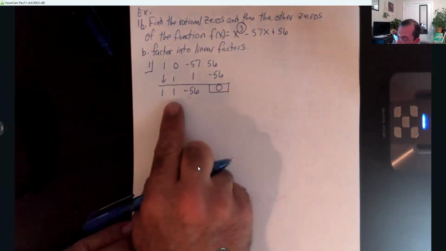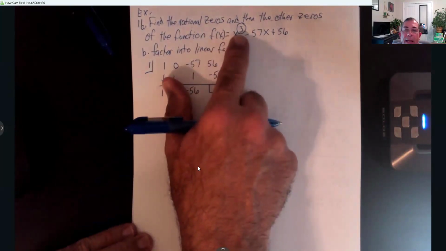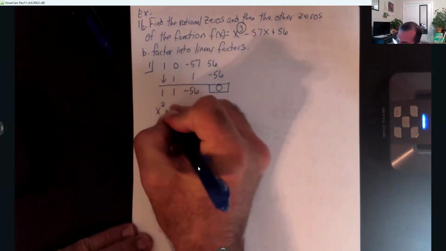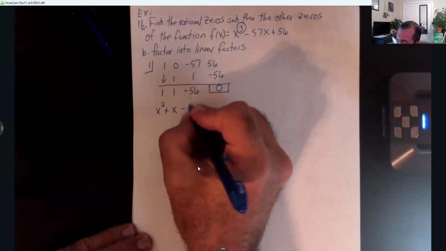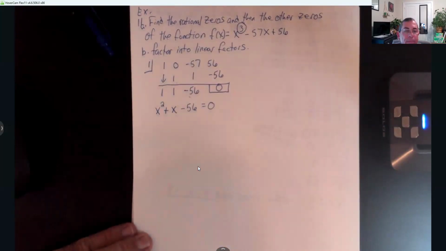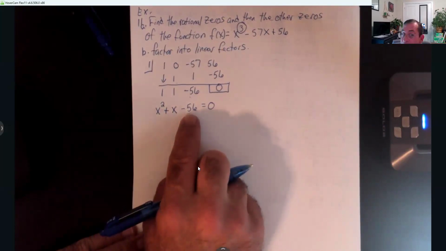So let's see what's left. Remember, this is now 1 degree less than an x cubed, so that means I got 1x squared plus 1x minus 56 has to equal 0. So y'all, I'm going to solve this one actually by factoring.